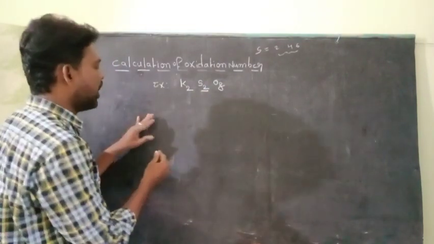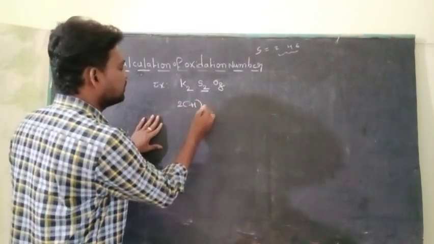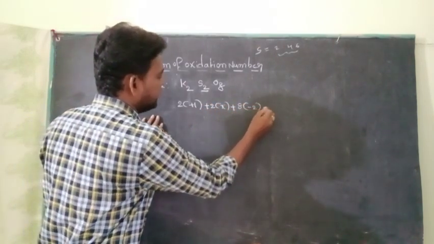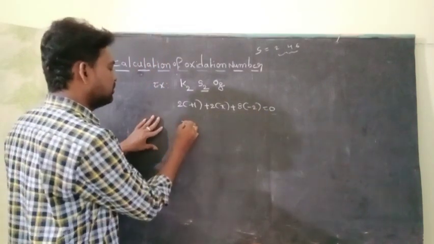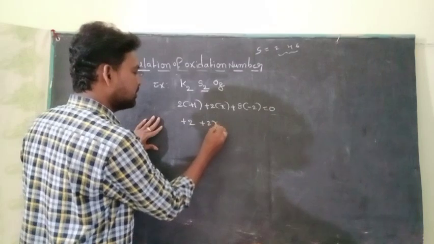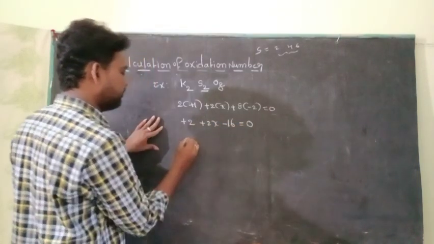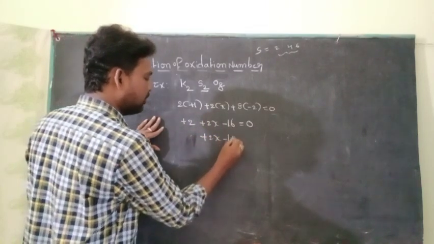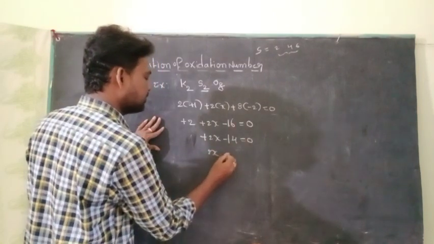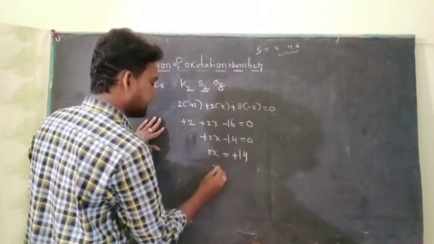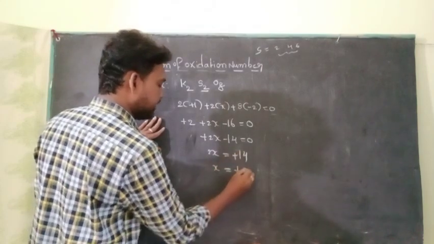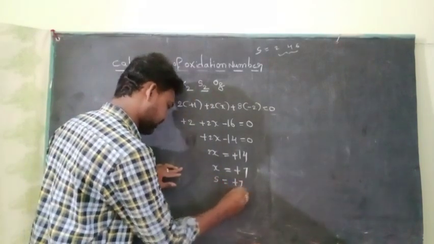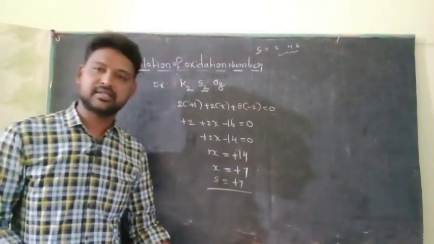Generally you have to calculate 2 into +1 plus 2 into x plus 8 into -2 equal to 0. General calculation: 2 plus 2x minus 16 equal to 0. So plus 2, so 2x minus 14 equal to 0. The 2x equal to plus 14, x equal to 7. The sulfur oxidation number is plus 7.